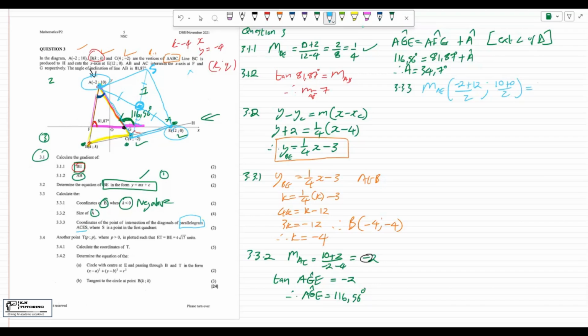The coordinates are going to be minus 2 plus 12, that's 10. 10 divided by 2 is 5. 10 divided by 2, that's positive 5. So the coordinates are going to be 5 and 5. I just want to make sure of that negative. It can't be negative here. 12 minus 2 is positive, so 5 and 5. So let me fix that.